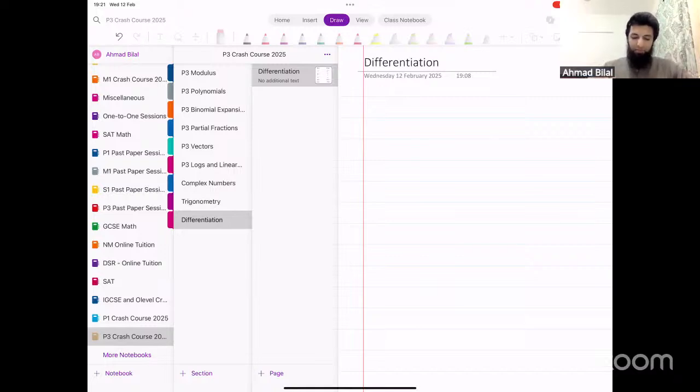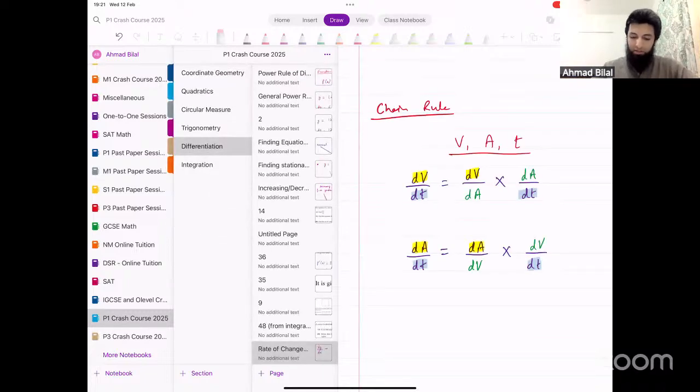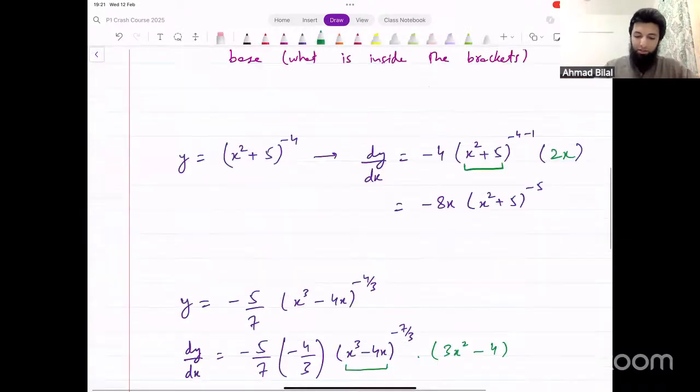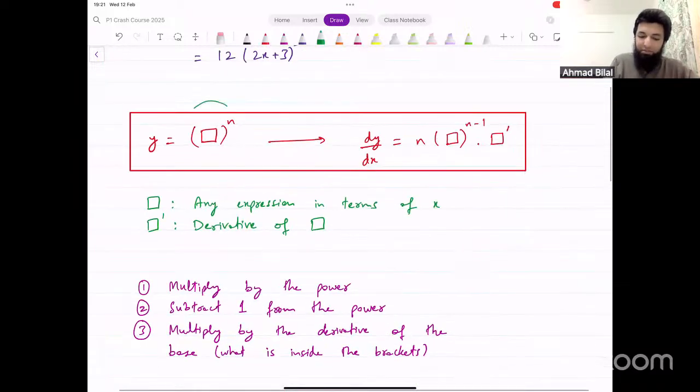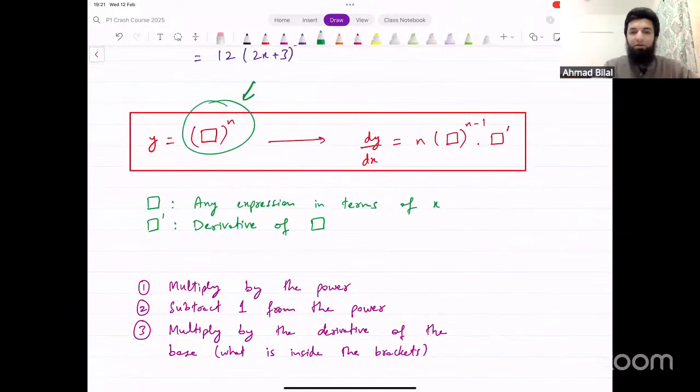All right. So in paper one, we learned how to differentiate functions of this form, when you have something raised to power n, so the power functions, right? We learned how to differentiate them using the power rule. That was just one rule that we did in paper one, essentially.